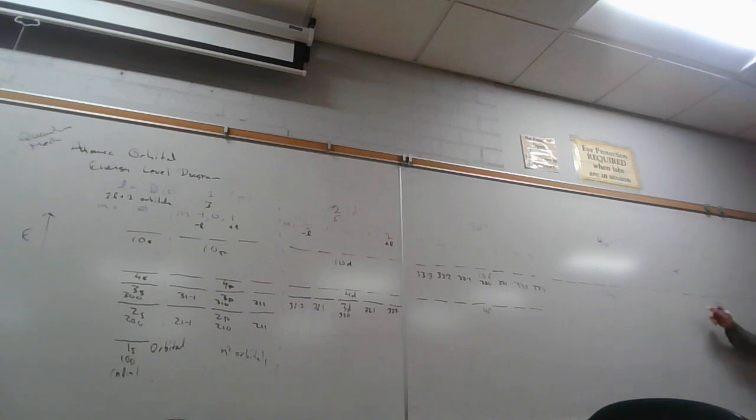And so then we can list them out. So this first one's going to be a 10, 5, -5. And the last one's going to be a 10, 5, 5. And then just follow this sequence.